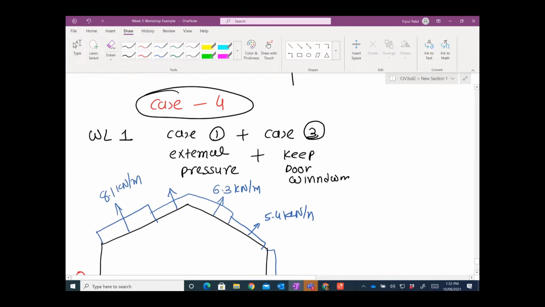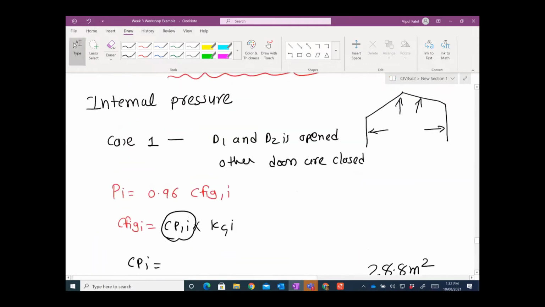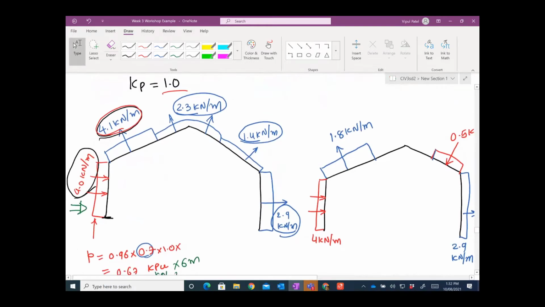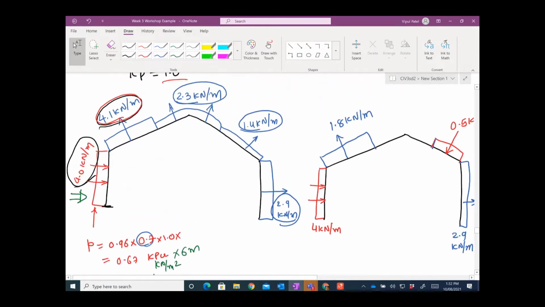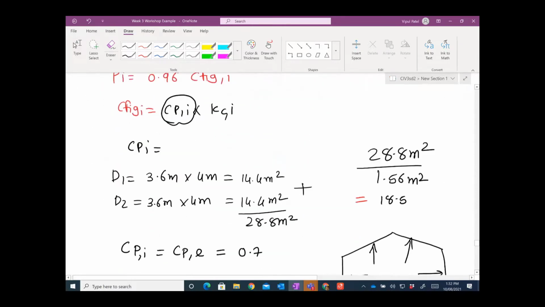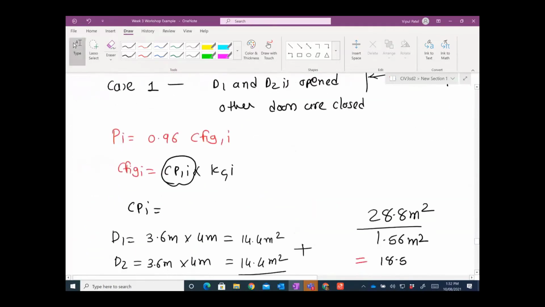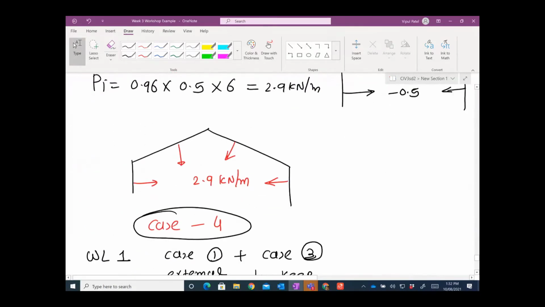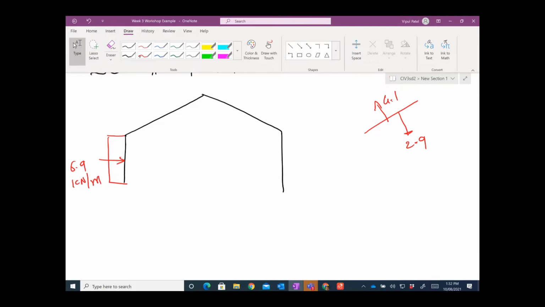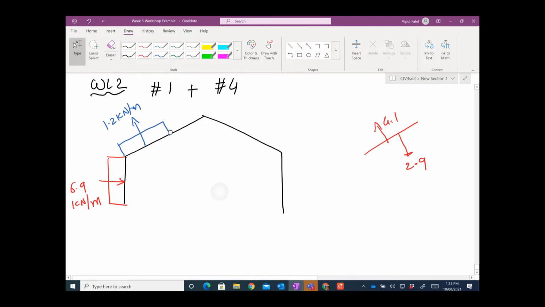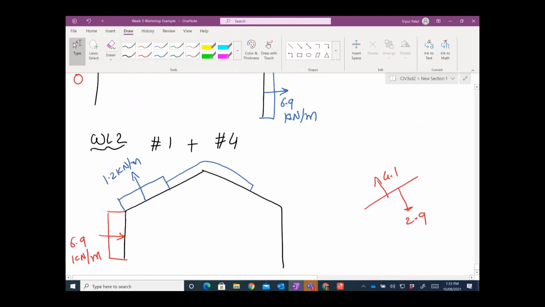Let me check what was that again. You have case number 1, 4.1, and then you have take away 2.9. So 4.1 take away 2.9, you get 1.2. So you get 1.2 in which direction? Because this 4.1 is more on this direction, so that is 1.2 kilonewton per meter. Similarly, you can have this one.